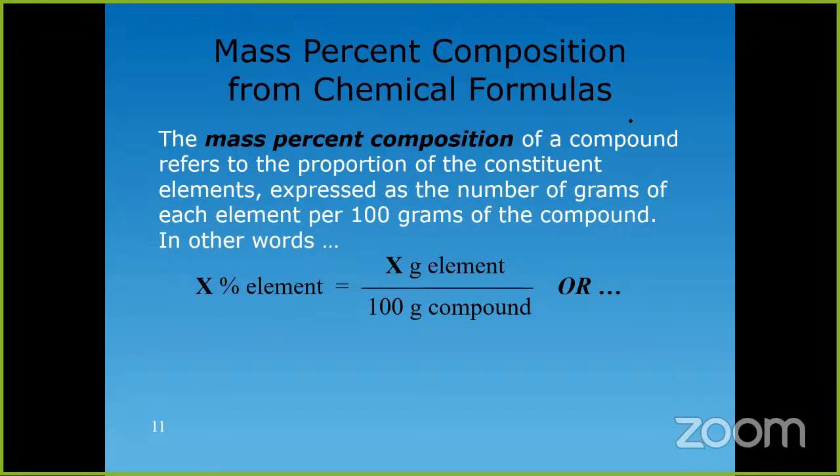So one way of expressing it is the mass of the particular element for every 100 grams of the compound, or you can calculate it this way, the grams of the element divided by the grams of the compound. That is especially useful if you know what the formula for the compound is. So that's how you determine the percentage by mass of an element.